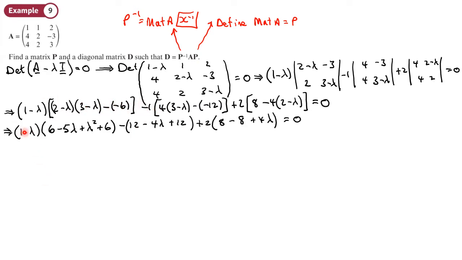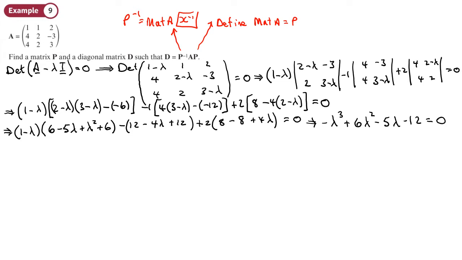Okay, so this is what we get when those brackets are expanded out. I'm not going to go through all the working, you should be able to do that. And then when this first bracket is expanded, and when all of this is simplified, we end up with this cubic: negative lambda cubed plus 6 lambda squared minus 5 lambda minus 12 equals 0.